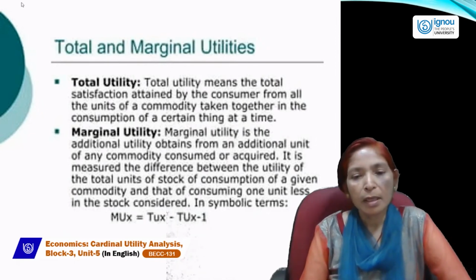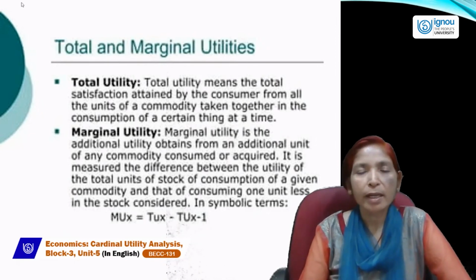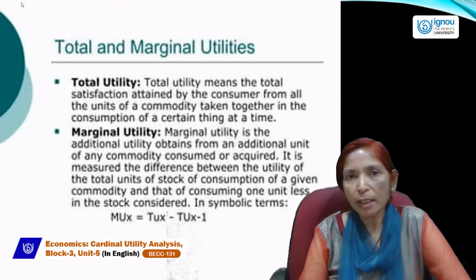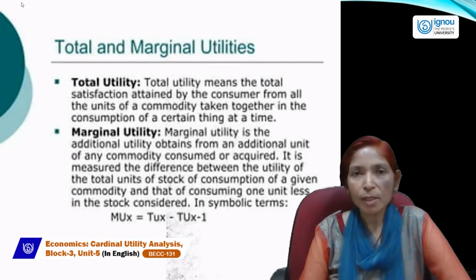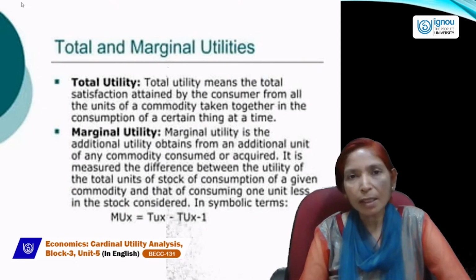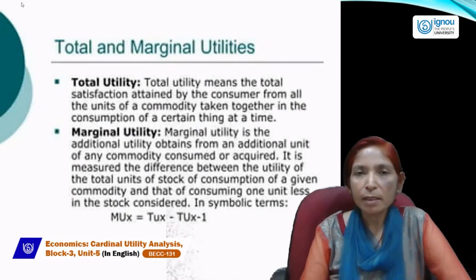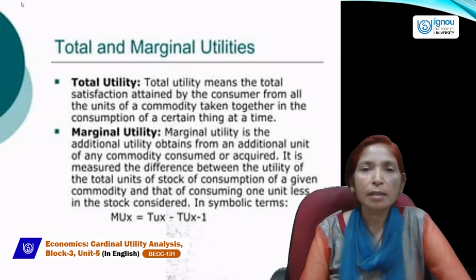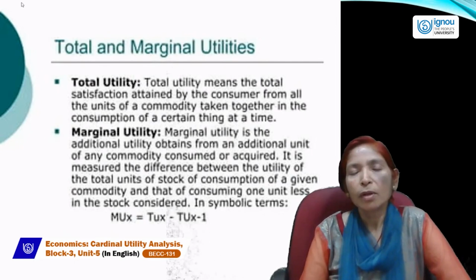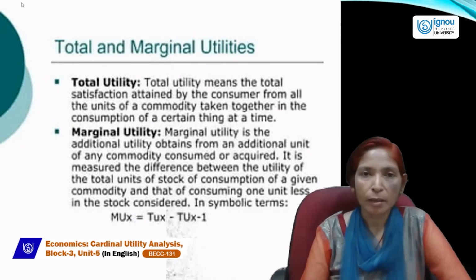In symbolic terms, we can explain marginal utility like this: MU is equal to TUn minus TUn minus 1. Or we can calculate marginal utility in another way: delta TU upon delta Q is equal to marginal utility.